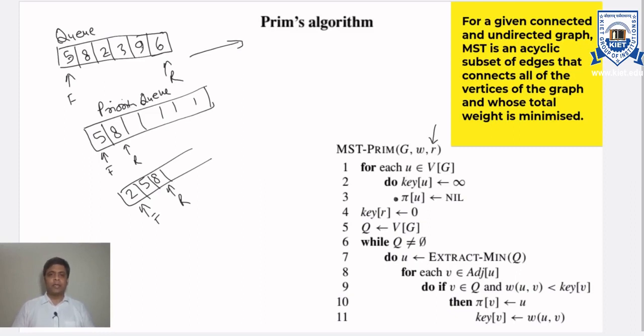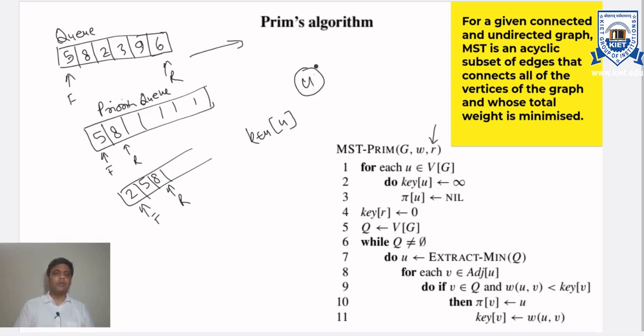Now key and pi, these two fields are associated with each and every node. If U is a node, a particular vertex, then key of U is a field, or you could say an attribute of U, which would hold a value.